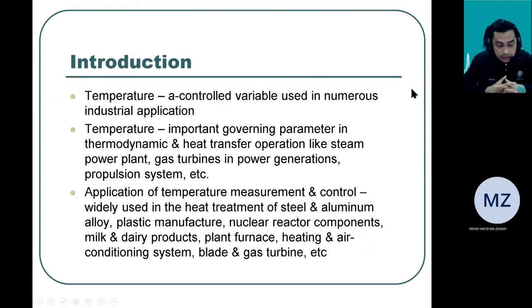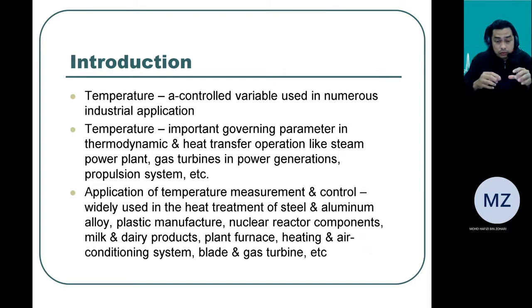As an introduction, temperature is a variable that we measure. It can be a control variable as well, and it's used in many applications. It's very important in engineering. Basically, we use it as a governing parameter that can govern a few parameters.